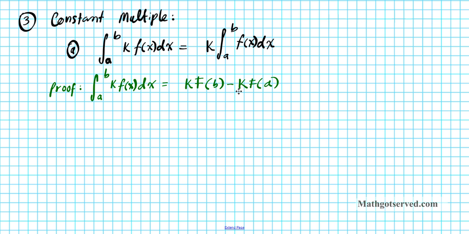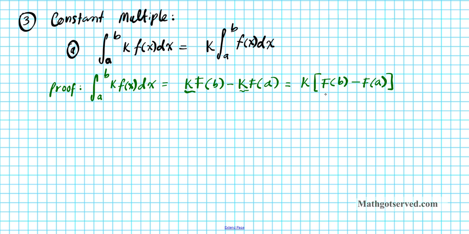What you see we can do here is that we can factor out these two k's, right? If we do that, we're going to have k multiplied by the antiderivative of f evaluated at the upper limit b minus the antiderivative of f evaluated at a.